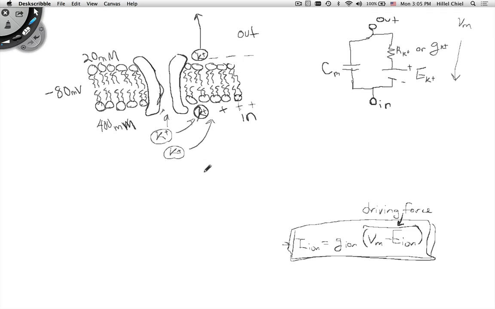So let's call all that charge that's stored on the capacitor Q. What's the relationship between Q and V, the voltage across the membrane? They're proportional. That's right. So let's just write down proportional. Now, if we make the plates larger, we can store more charge.